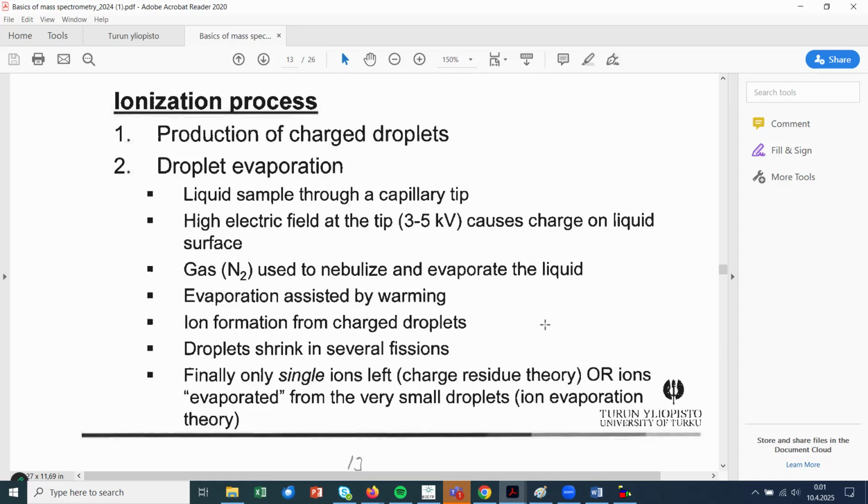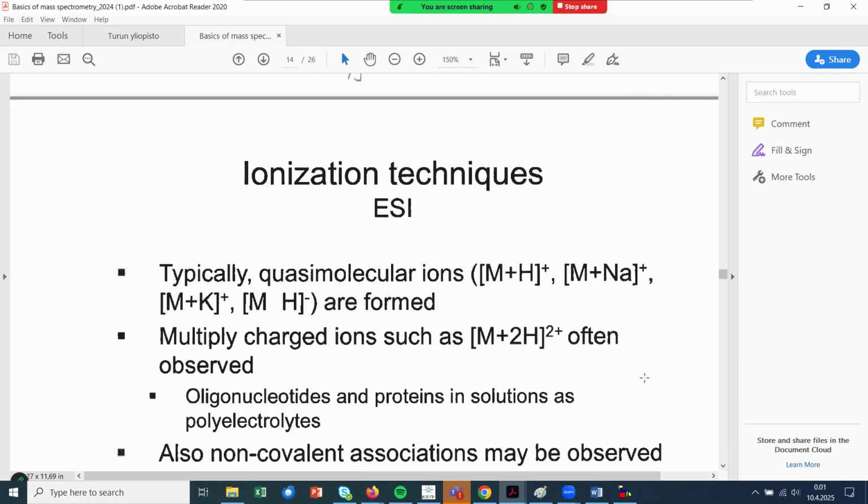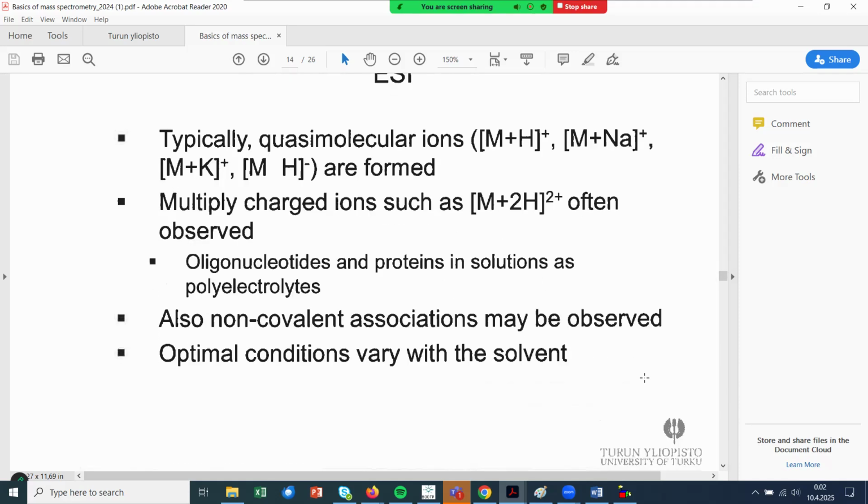And why electrospray ionization? It's gentle. It doesn't cause that much fragmentation by itself, so we can save the fragmentation for the separate fragmentation step, as I described with tandem mass spectrometry.